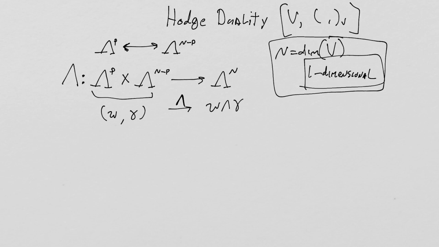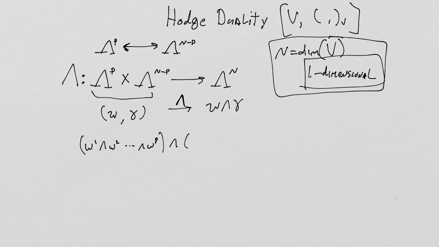And just to beat it up, you can imagine how an element of the pth exterior power would look. If omega is a one form, so omega 1 wedge omega 2 dot dot dot wedge omega p, that's a p form.